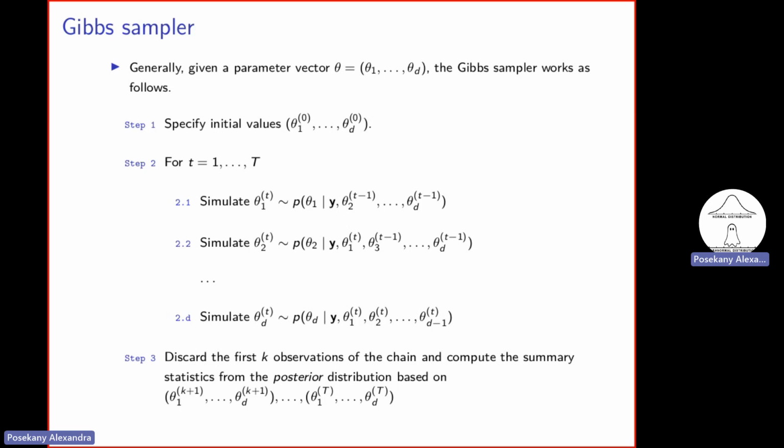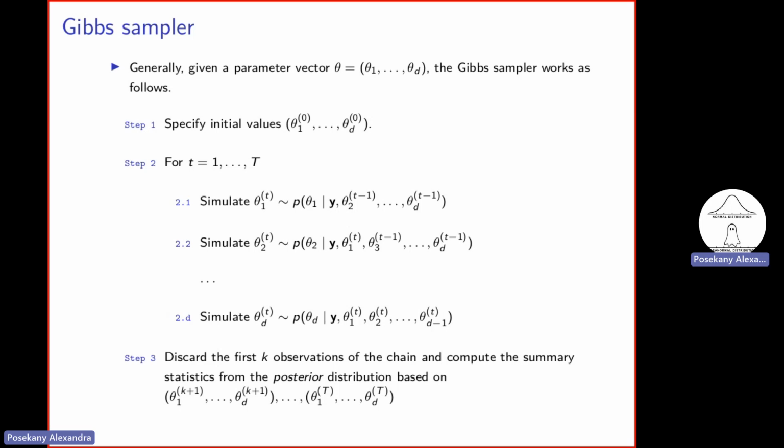And wherever you have these, you always are able to obtain a closed form posterior. In this case, it's not the closed form posterior, but the closed form full conditional. So the marginal posterior, just one dimension of the posterior distribution, given that all the others are fixed.